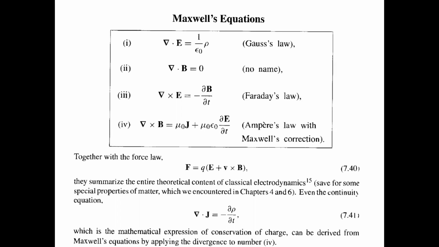And we have Ampere's law with the correction by Maxwell. If we include the force law, which is F equals Q times E plus v cross B, this summarizes the entire theoretical content of classical electrodynamics.